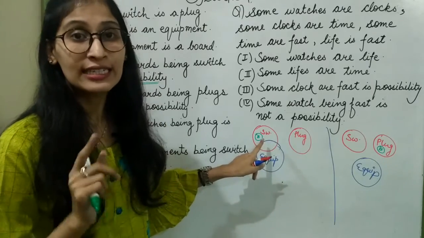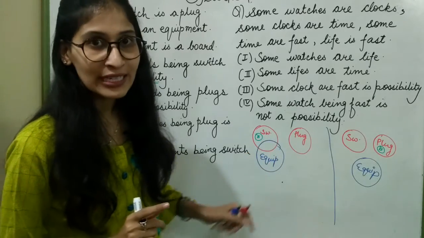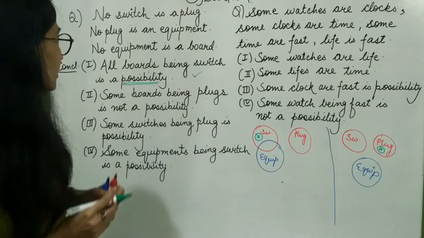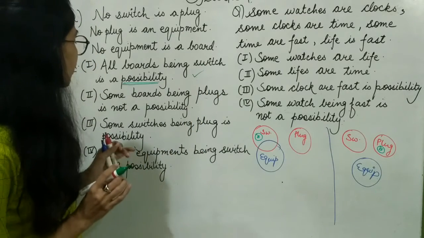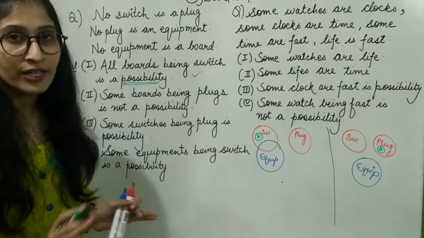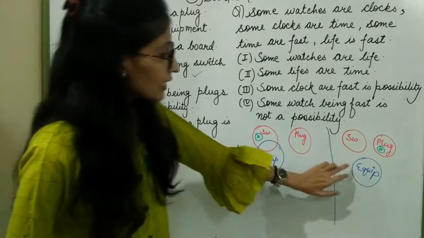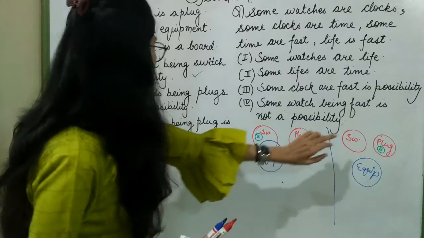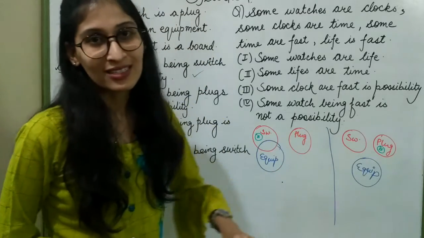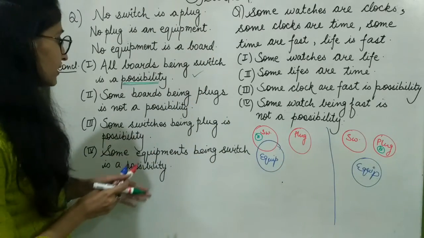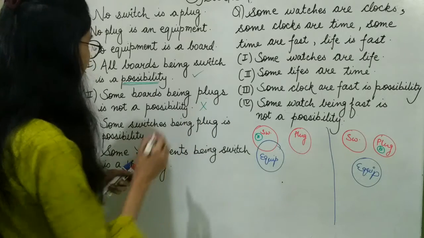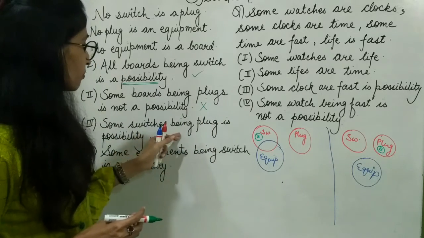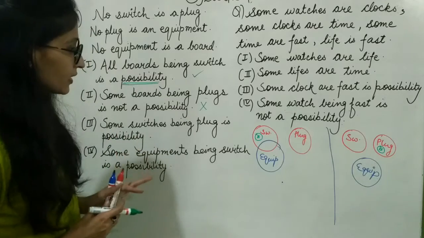This conclusion is satisfying my first Venn diagram, so it is true. Second conclusion, some boards being plugs is not a possibility. But in my second diagram, I have made some boards a part of plugs, so it is a possibility. So this is false.